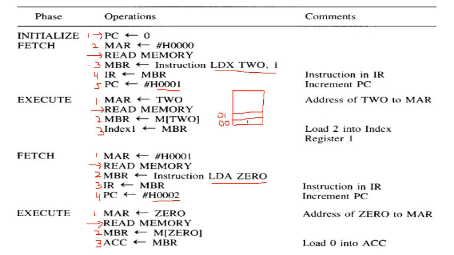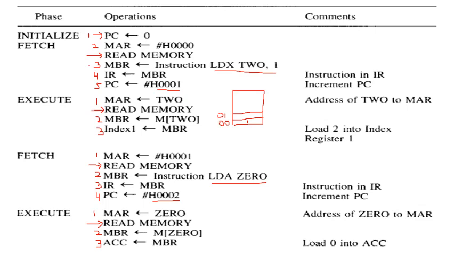And in step number 3, data from MBR will be moved to index register 1. So here we can say that we are moving data from memory address 2 to the index register 1 via MBR. First data is given from memory location 2 to the MBR, then MBR transfers the data to the index register 1.